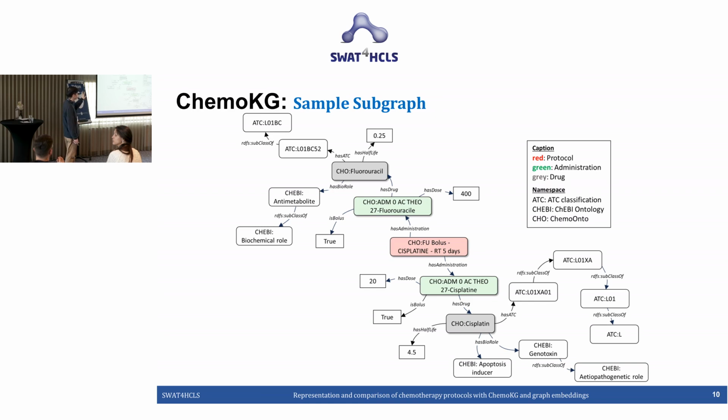Then the drugs have properties like biological roles, for example antimetabolite, which is a subclass of biochemical role. Then the ATC classes have a hierarchy, like L01BC52, which is a subclass of L01BC, and it goes all the way up to 5 levels, I believe. There's also the drug half-life, for example 0.25 hours here. This is the structure of our ChemoKG.